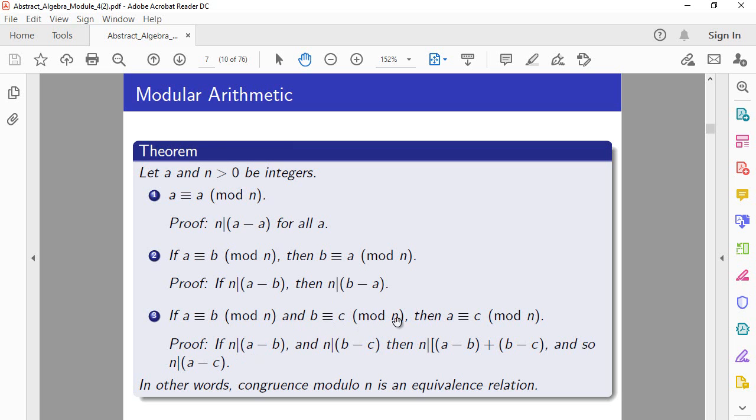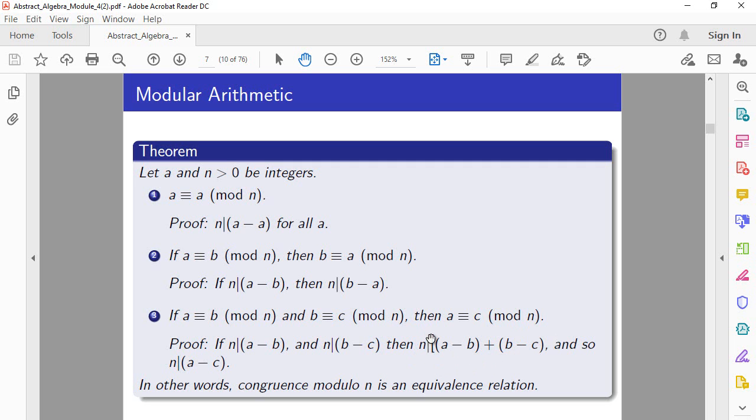If b is congruent to c mod n, it means that b minus c is divisible by n. Well then, since a minus b and b minus c are divisible by n, if I add a minus b and b minus c, the sum will be divisible by n. So since n divides each summand here, n must divide the sum.